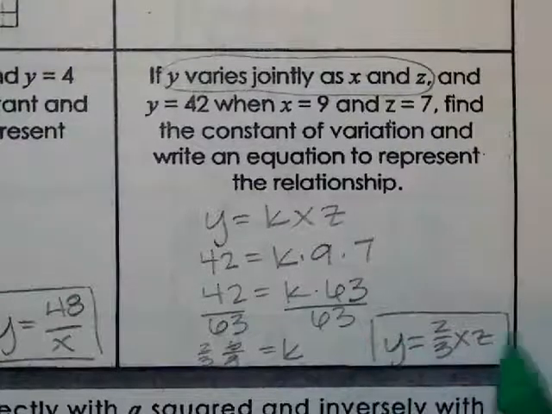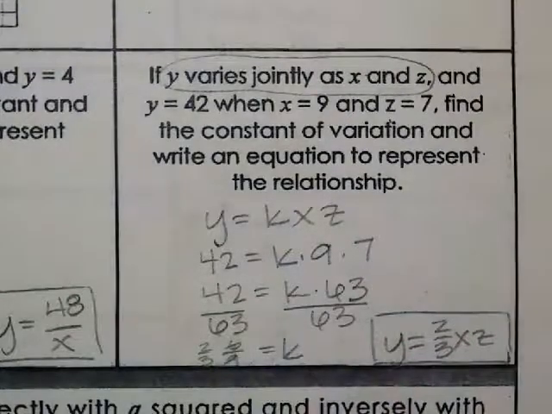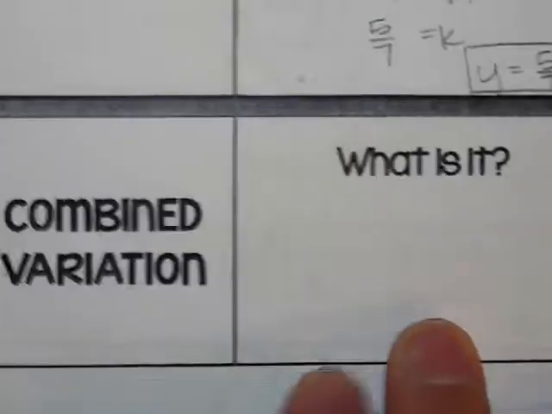All right. There's one last type. Dun dun dun. It is combined variation. Oh my gosh, Ms. Rice, why? What do you guys think combined variation is?